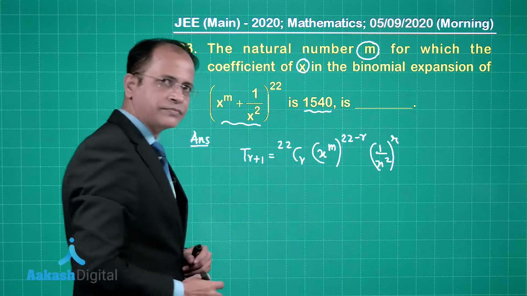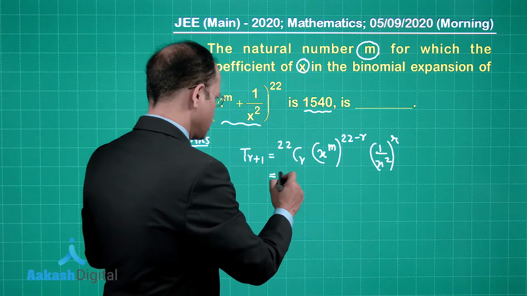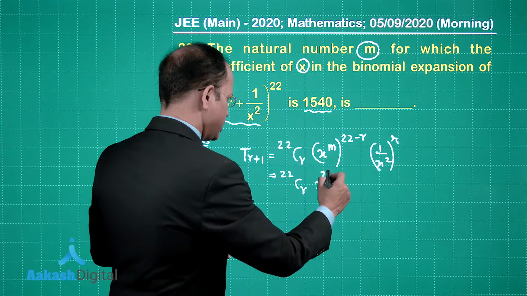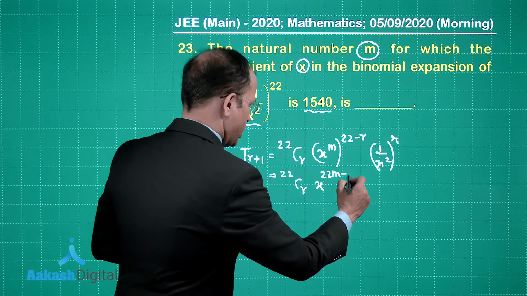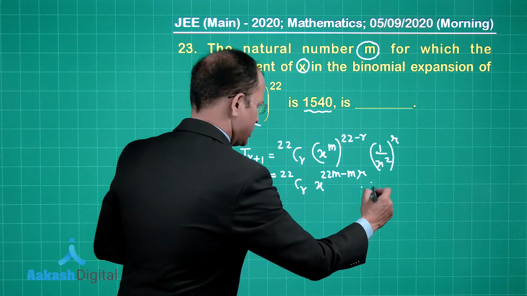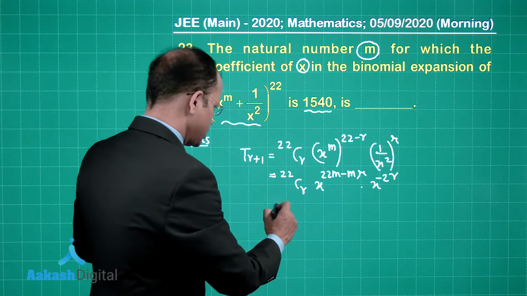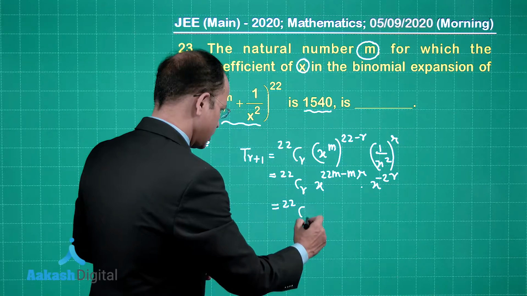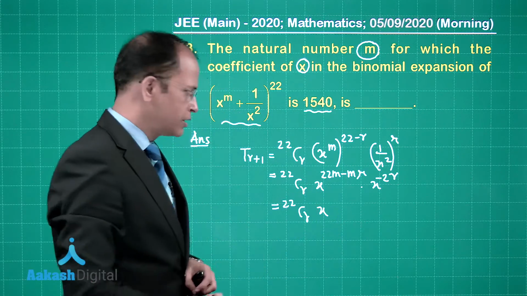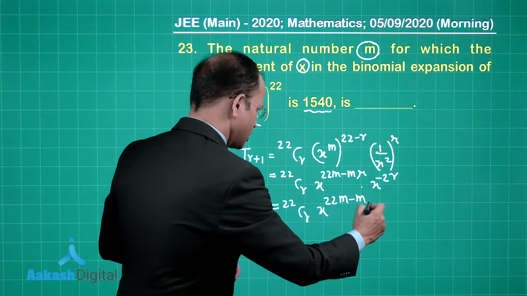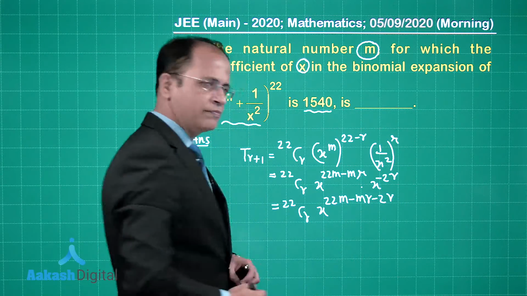So this is 22Cr x raised to the power 22m minus mr, and this can be written as x raised to the power minus 2r. Or we can write it as 22Cr, x raised to the power 22m minus mr minus 2r.